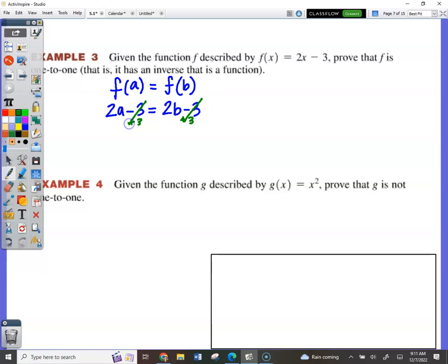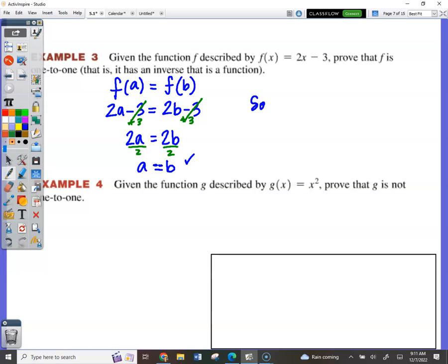Those would cancel, and I'm left with 2a equals 2b. Now what can I do on both sides? I can divide by 2, and I end up with a equals b. See, that was a lot easier to check for. So, I'm going to put a check mark here.